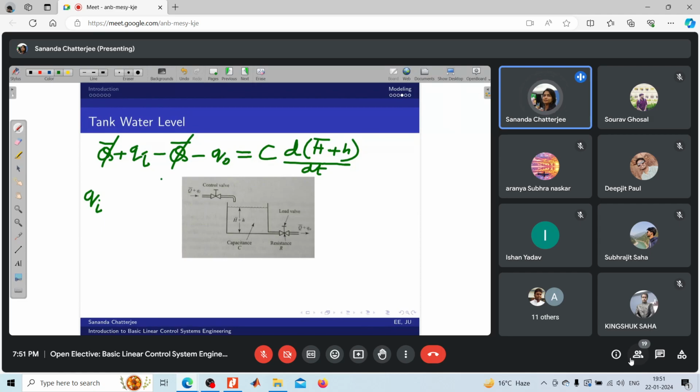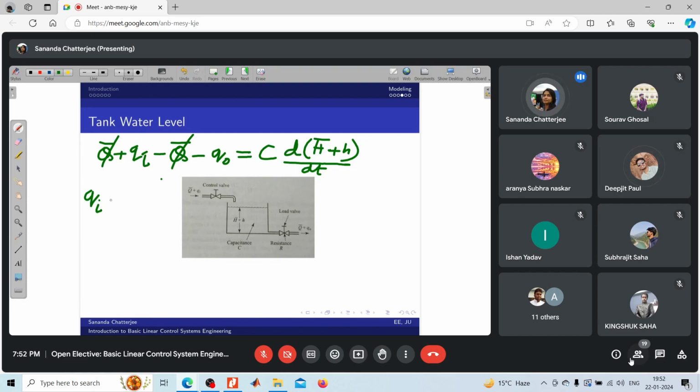We will define C as the capacity of the tank, where it is the change in volume of the water per unit change in height. The volume of water flow for which there will be a unit change in height of the tank will be defined as the capacitance. If it is a uniform cross sectional area, then you can directly call it the cross sectional area. Otherwise you have to go for this generic term.